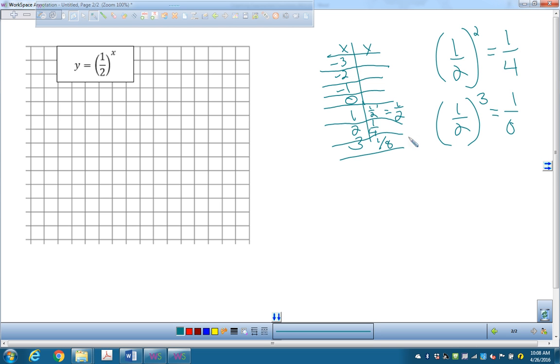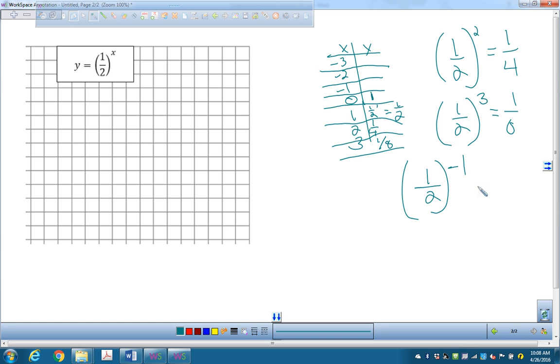Okay? So, say I were to do 0. What's anything raised to 0 power? 1. Okay? So now let's go -1. Does anyone remember this rule from first semester? What's 1/2 raised to the -1 power? You remember this rule? You could flip over the fraction and make the exponent positive, right?